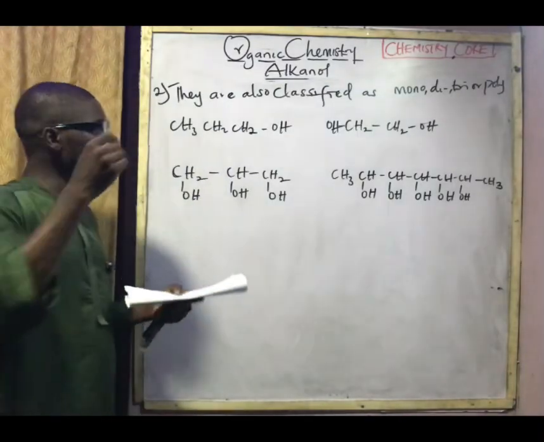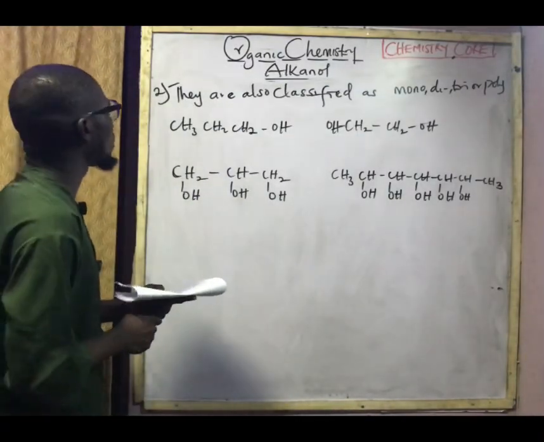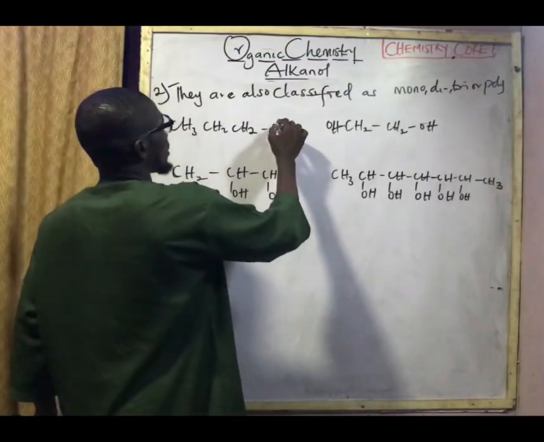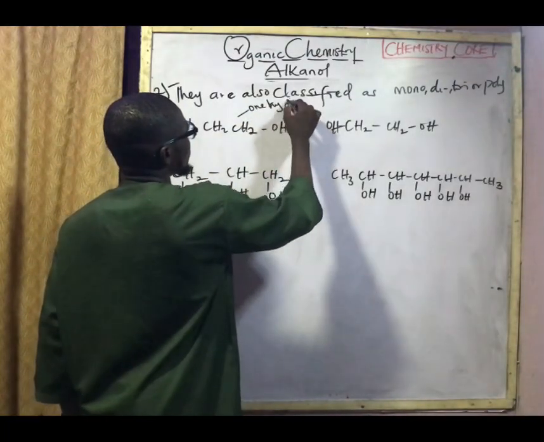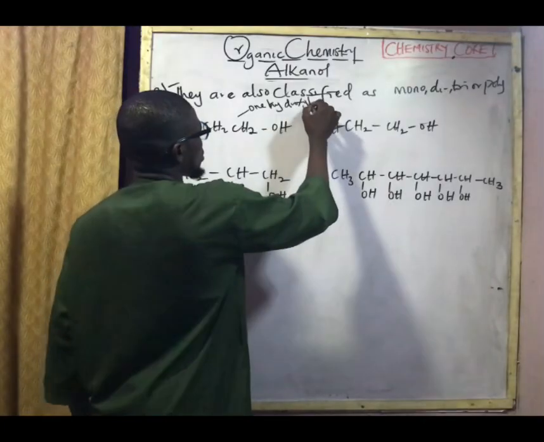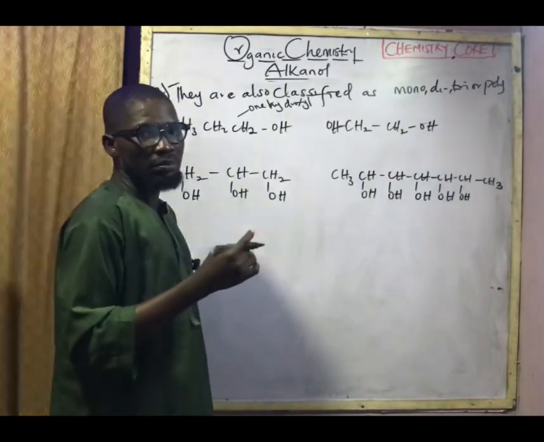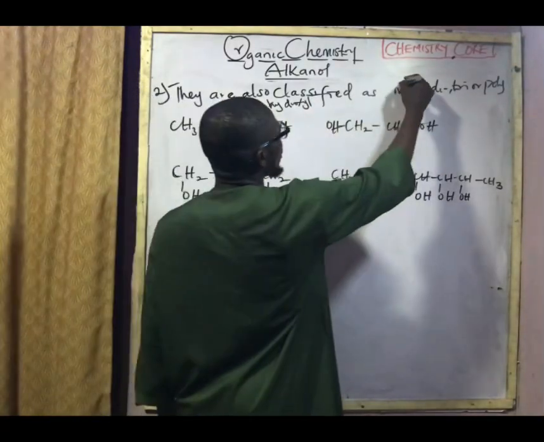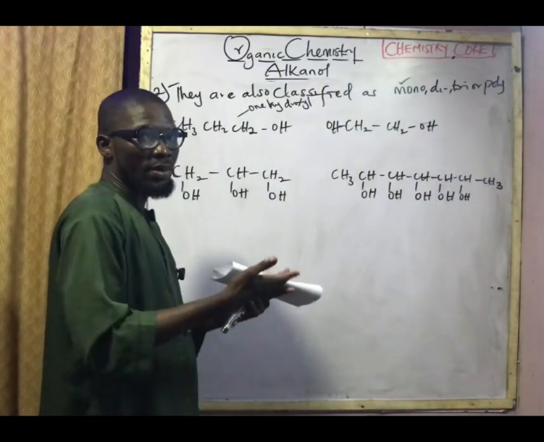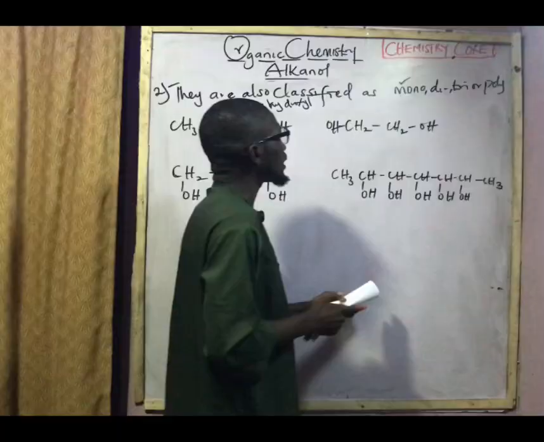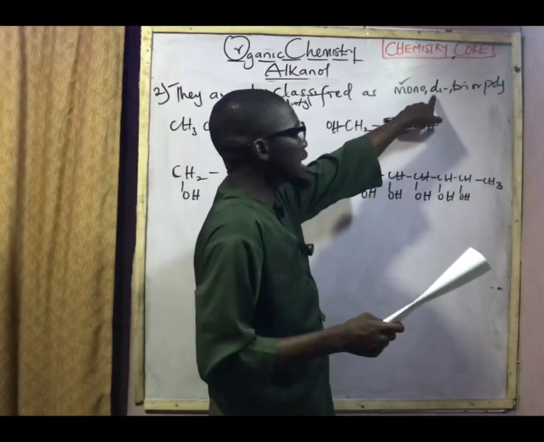So guys, come closer. The first one we have on the board: if you have 1 hydroxy attached to any given compound under this, we call it mono. If 2 hydroxy groups are attached to any compound under the alcohols, they are identified as di.